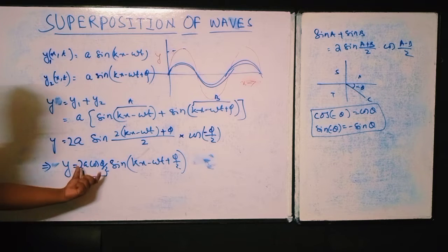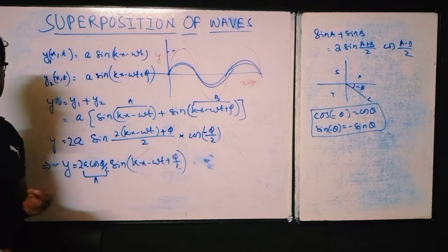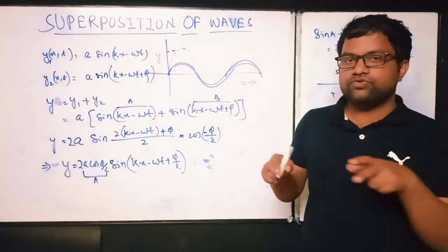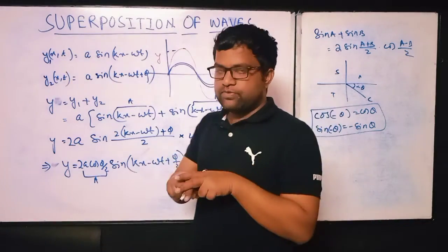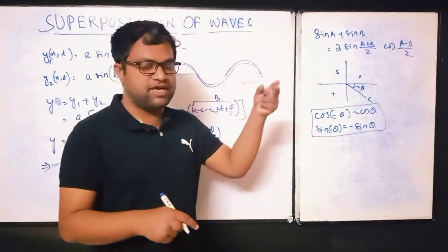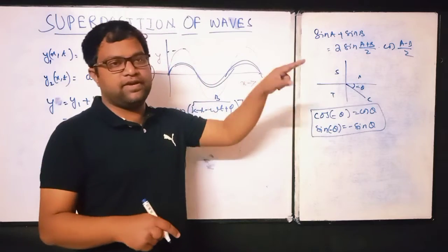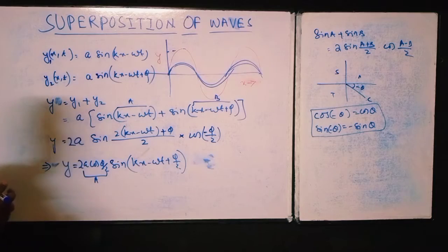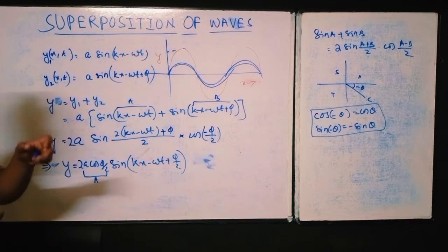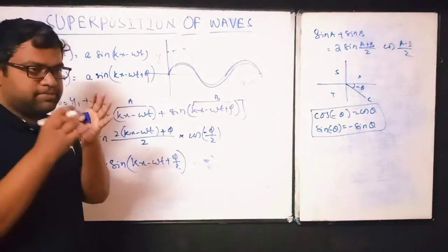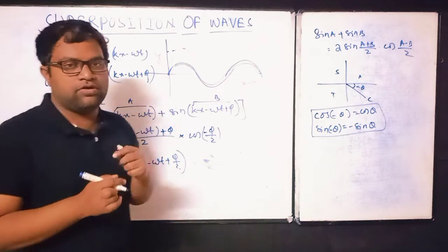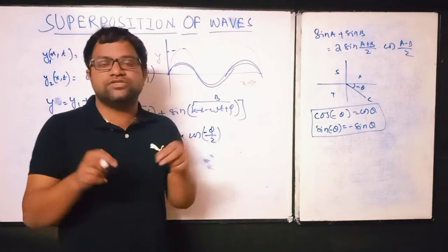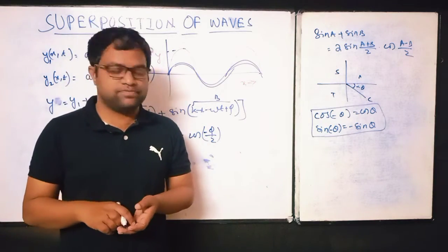From here we can get some idea about interference, which you will learn in the light chapter. When two waves interfere with each other, we get dark and bright fringes. Brightness is due to constructive interference, and darkness is due to destructive interference.